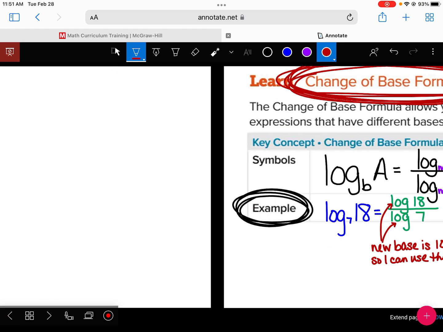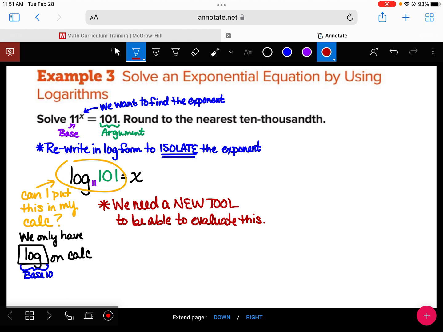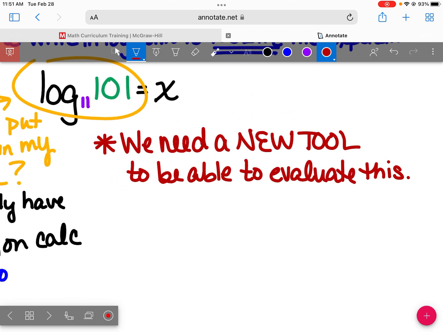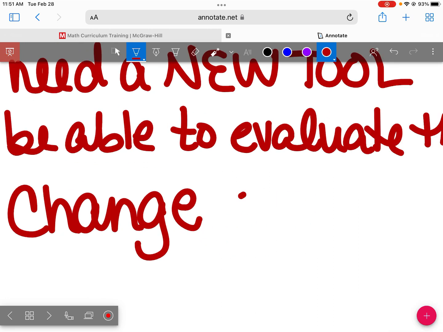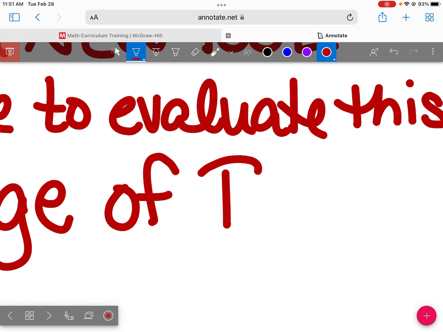All right, wrong way. So we're going to go back to this one. So the new tool is the change of base.